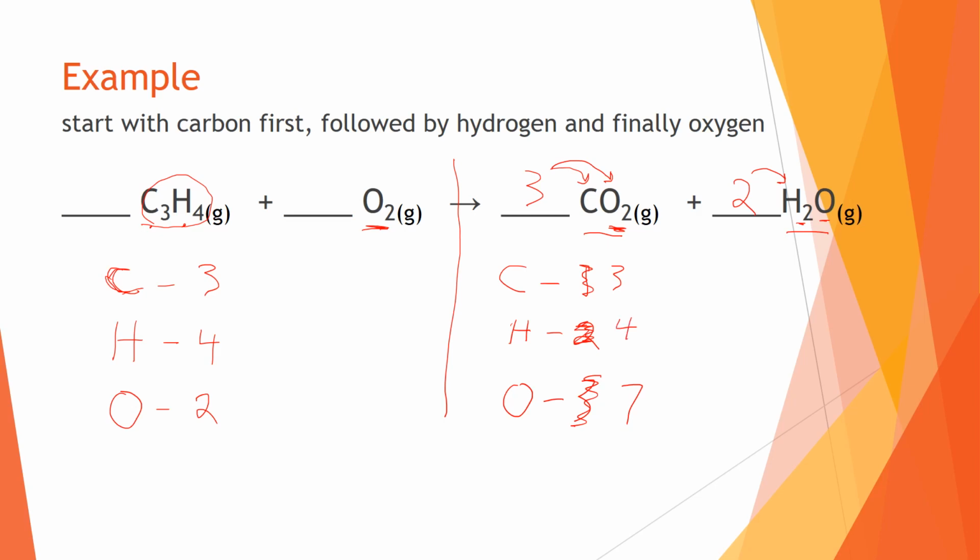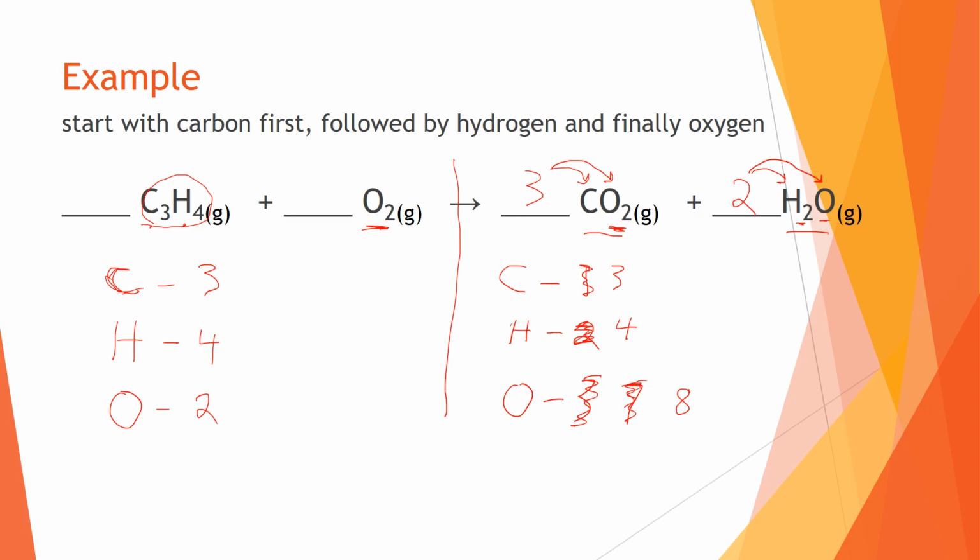But that's now going to affect how many oxygens I have, because 2 times 1 is 2. So now I have 2 oxygens over here, and I have 6 oxygens over here, so that's actually going to make 8 oxygens. 3 times 2 gives me 6 oxygens, 2 times 1 gives me 2, and 6 plus 2 is 8.